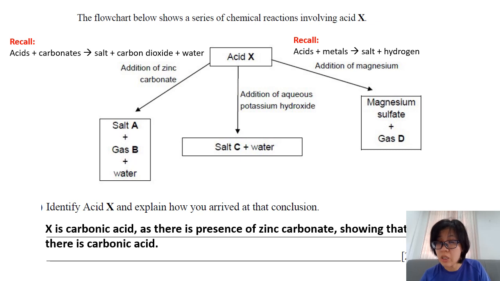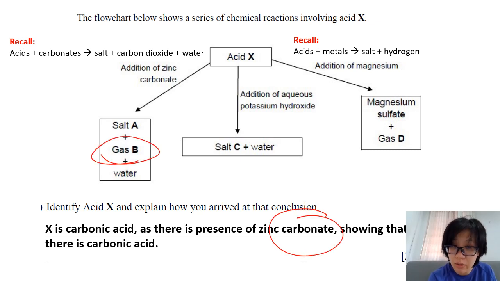Why can we not say that this is correct? Carbonate will produce the carbon dioxide, which is the gas B. It wouldn't produce the salt.